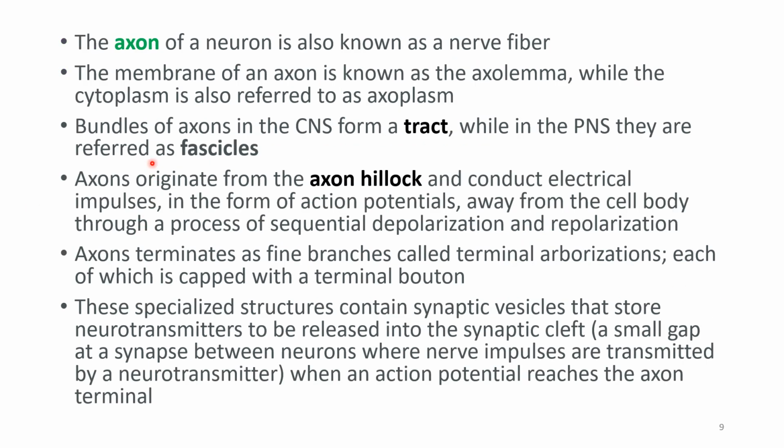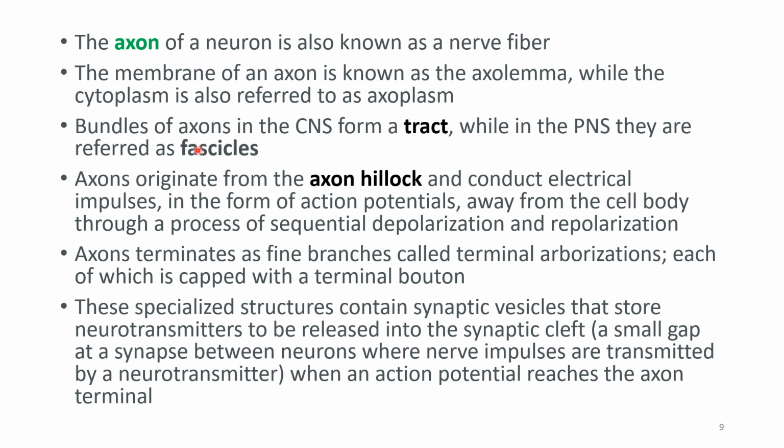Now coming to the axon. Axon is also known as nerve fiber actually. The membrane of an axon is called axolemma and the cytoplasm is called axoplasm. So here you have to focus on tract and fascicles. The bundles of axons in the central nervous system form a tract. In the central nervous system, we will discuss the tracts.